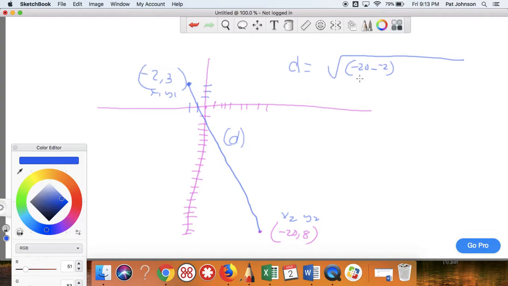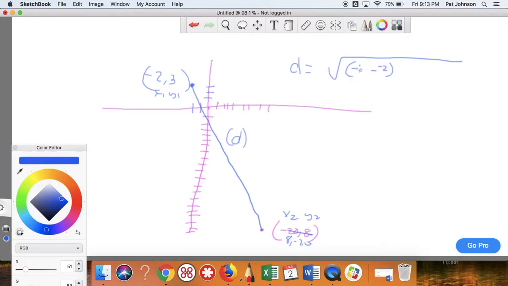Oh, I've got these backwards. 8 comma negative 20. So we have 8 minus negative 2 squared plus 20 minus 3 squared. All right, so then we have the square root.